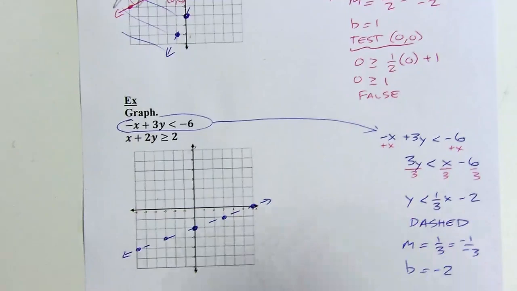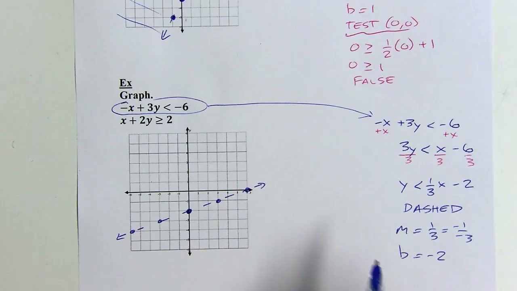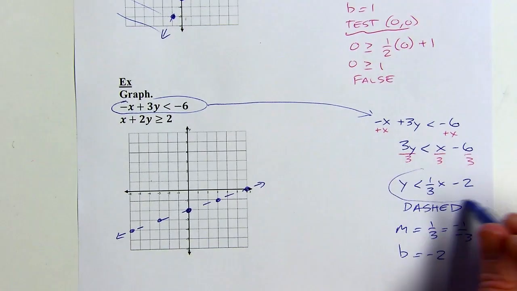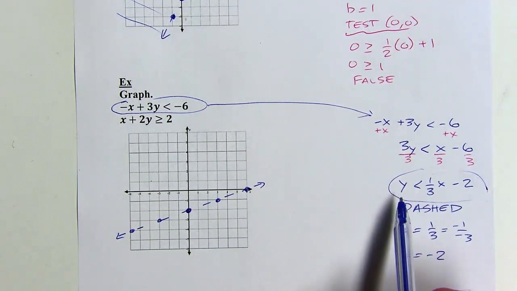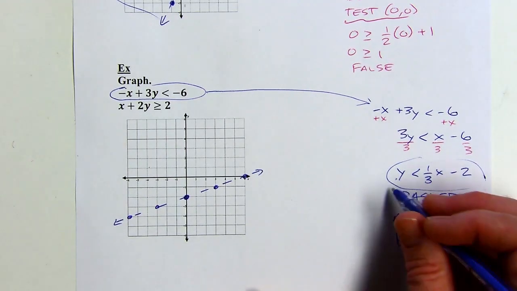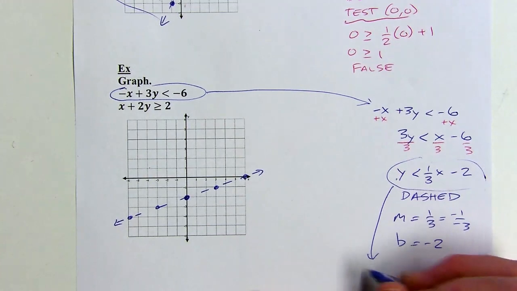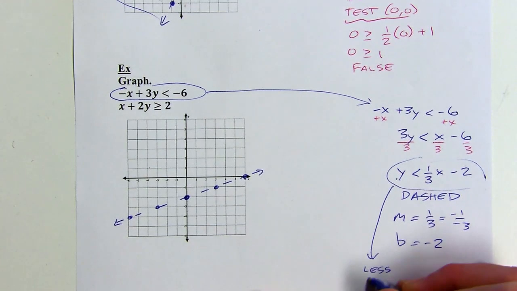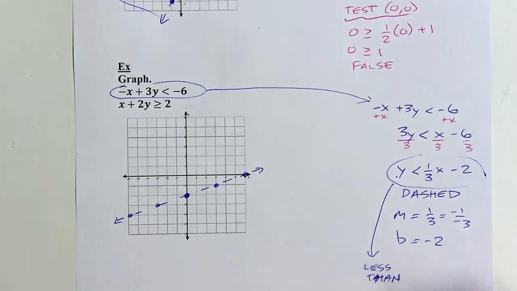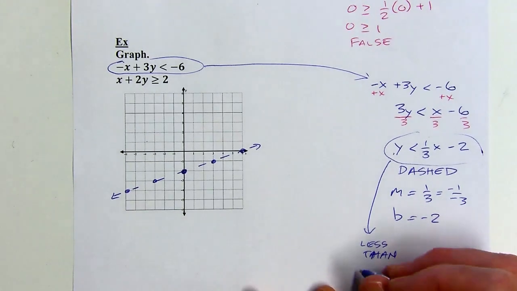Okay, and now I want to shade one side of this line. You can definitely do a test point like I did on the last problem, but if you've got an equation that's in y equals form, where in other words the y is on the left side of the inequality, you can use a little shortcut. So since this says y is less than, when I have a less than or equal to, then I can shade below.